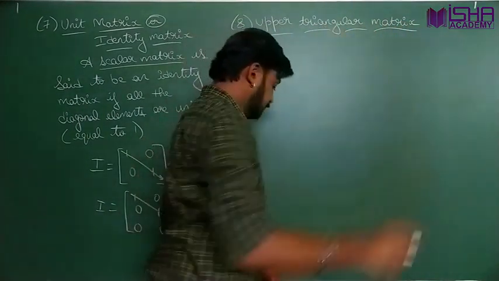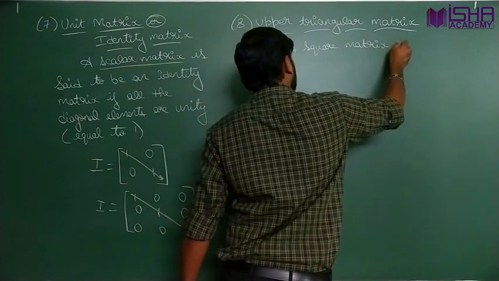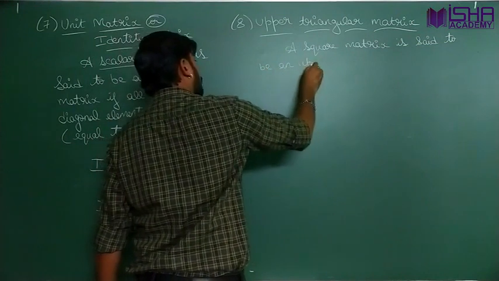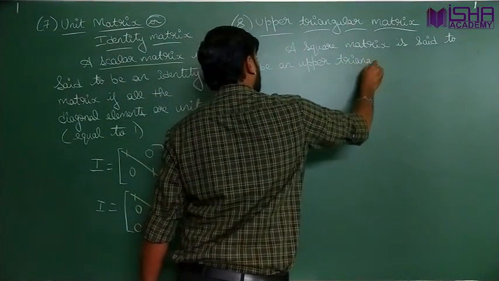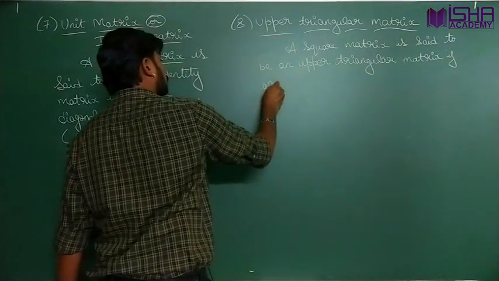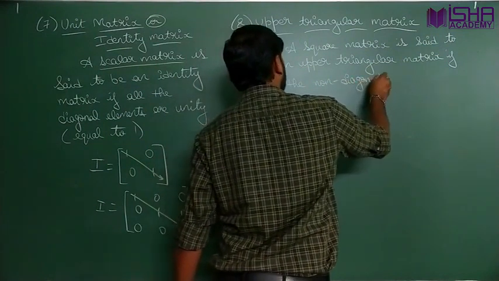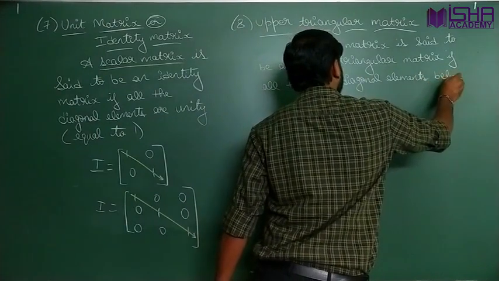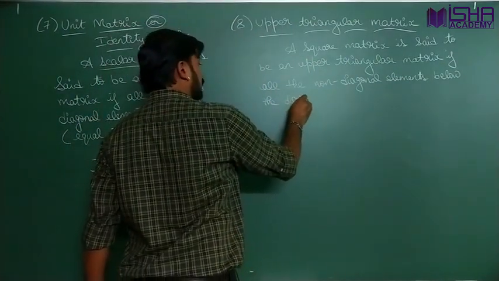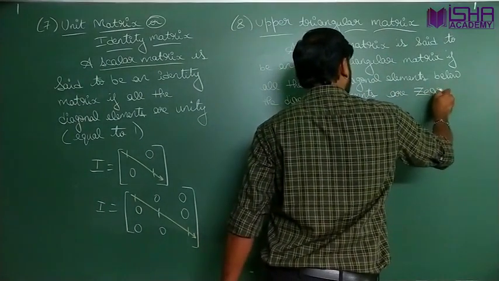A square matrix is said to be an upper triangular matrix if all the non-diagonal elements below the diagonal elements, that means below the principal diagonal elements, are 0. Look again carefully, you may be getting confused.